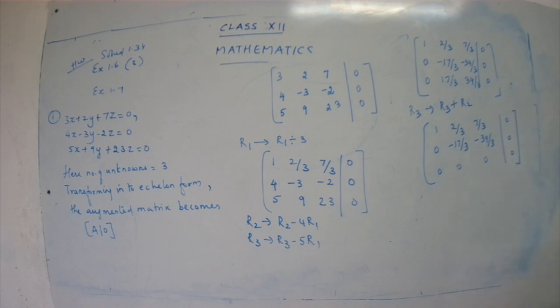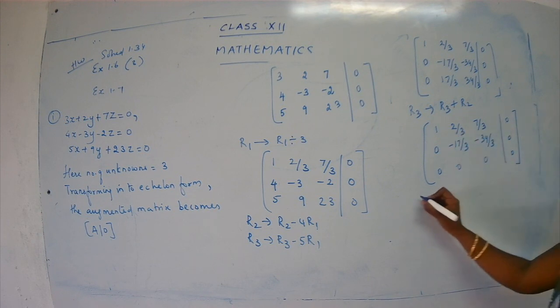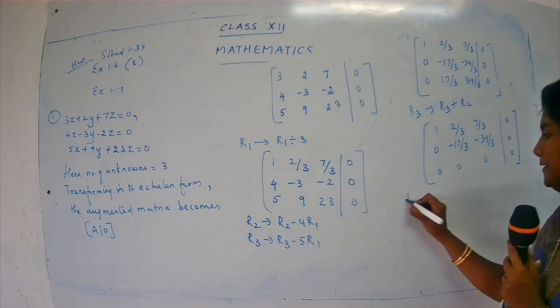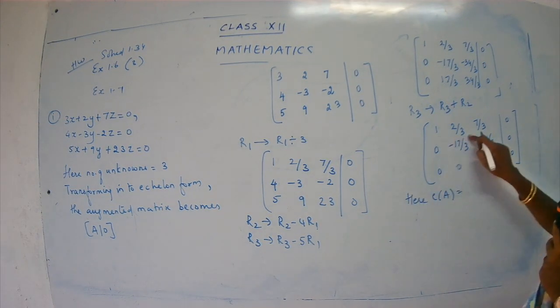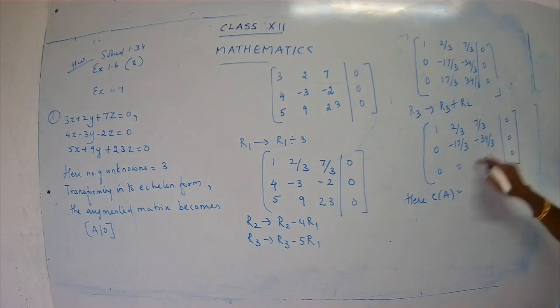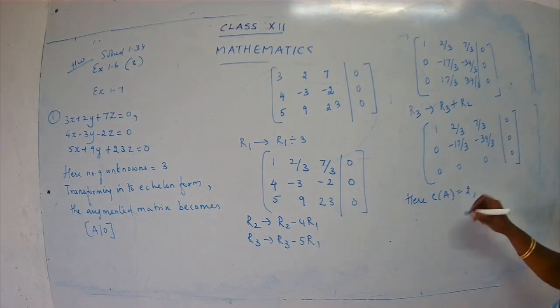So what is the rank here? Rank is 2. What is the rank of A here? I'll just write here. Rank of A is equal to the number of non-zero rows, with one 0 row. So rank of A is 2.